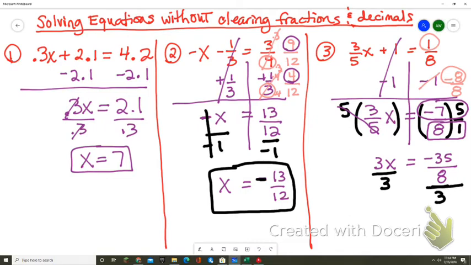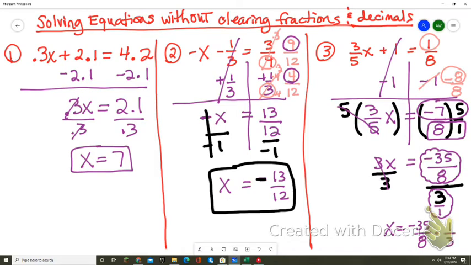So you have a fraction on top divided by, if we make this a fraction on the bottom, that fraction would be 3/1. Remember, we're doing all of this without a calculator. So -35/8 divided by 3/1 is the same thing as -35/8 times 1/3.